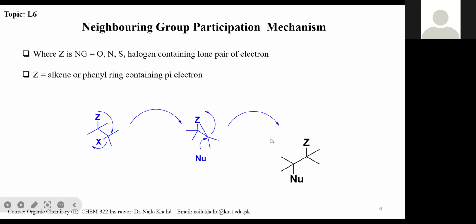So you will get a special type of product in which the reaction center has retained its configuration. And this is the assistance provided by this neighboring group, participation of this neighboring group during the nucleophilic substitution. That is why it is called neighboring group participation.